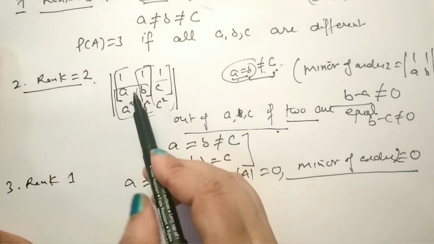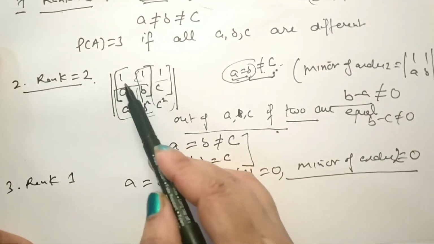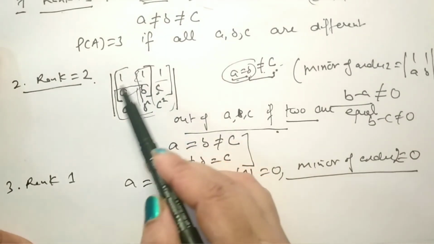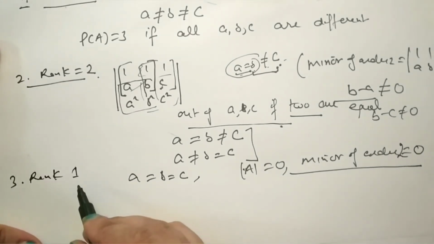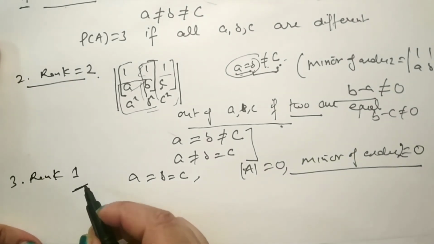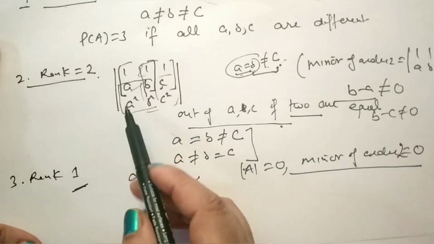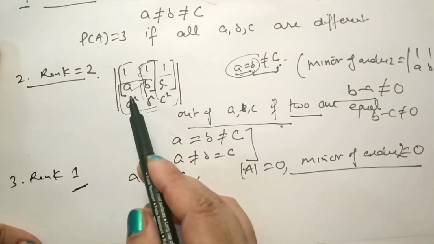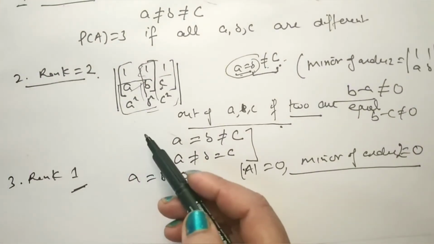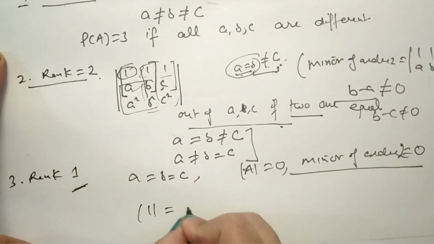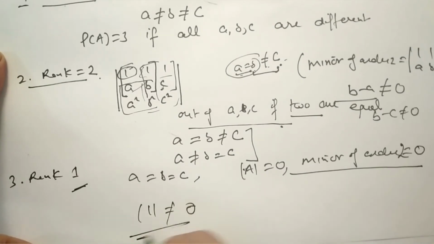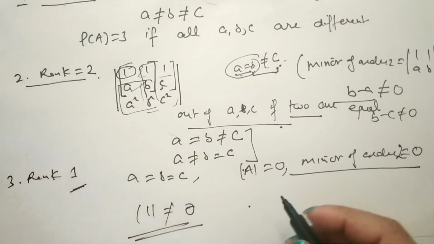You can see from here, if A, B, C, all 3 are equal, then all the minors will be 0. Then what are we left with? Rank 1, when there is only one minor of order 1. So that is this one. You can take 1, so 1 is not equal to 0. Therefore rank is 1. So this is the answer to this question.